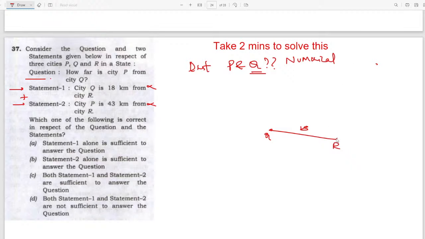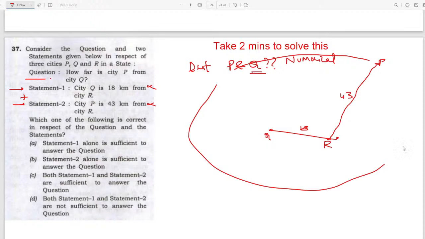So if I draw a circle with 43 kilometer radius, let this be R, and let this be P. So P can be anywhere on the circle, which is 43 kilometers from R.